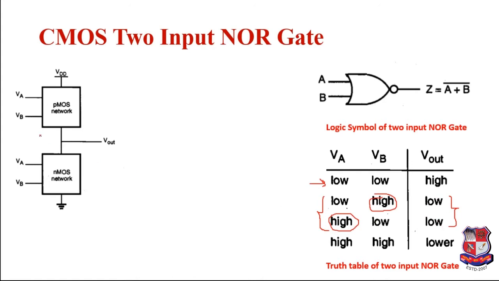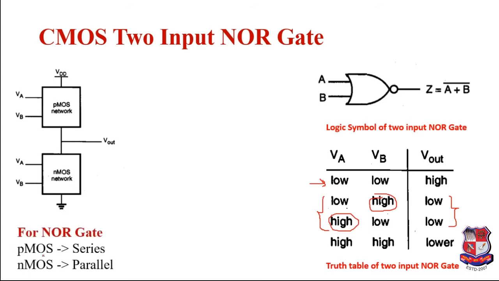So in that case, if you connect the PMOS transistors in parallel, then your output is always going to become high, which is not acceptable here. So with reference to this truth table, we can say that our PMOS transistors will be in series and the NMOS transistors will be in parallel.